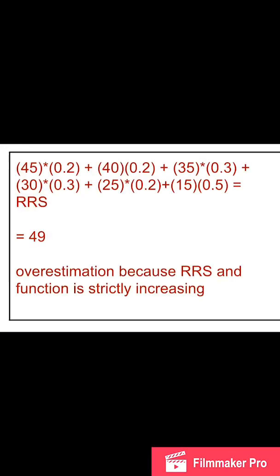You would start from 45 times the difference between 1.7 and 1.5 plus 40 times the difference between 1.5 and 1.3, and so on until you get to 15, and your result should be 49, which is an overestimation.